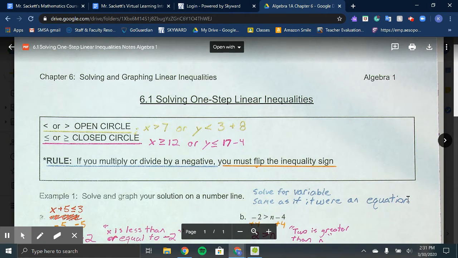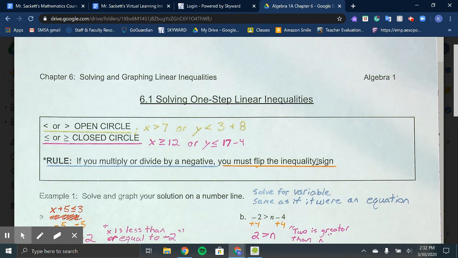All right, the open circle, closed circle, I'll cover in the later examples, but that refers to what you do for the symbol when placing these on a number line. A rule says if you multiply or divide by a negative, then you flip the inequality sign. That is the one piece you want to remember when you are solving these.